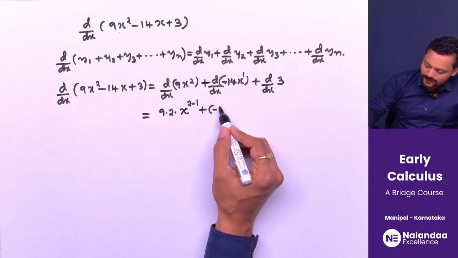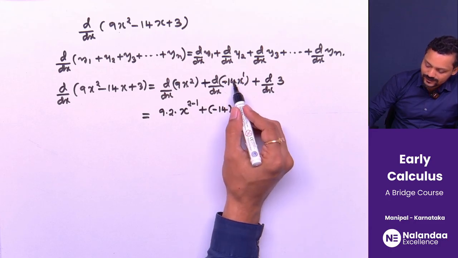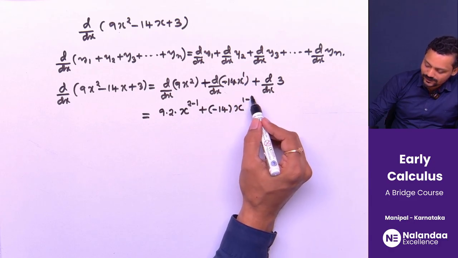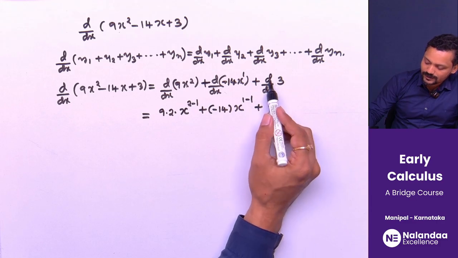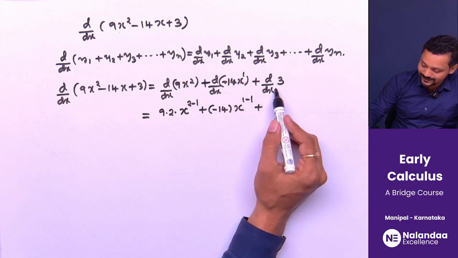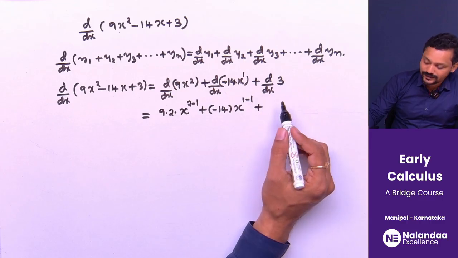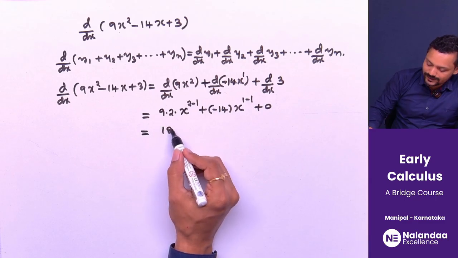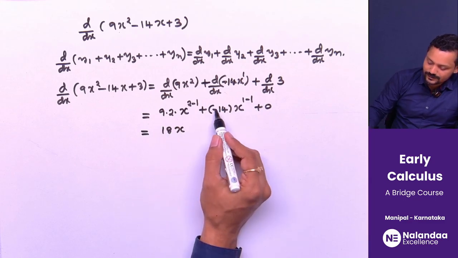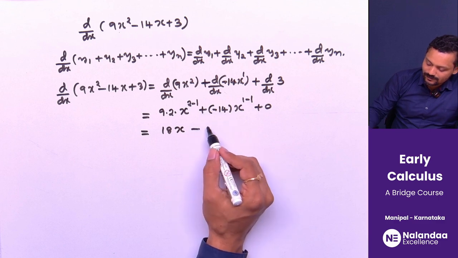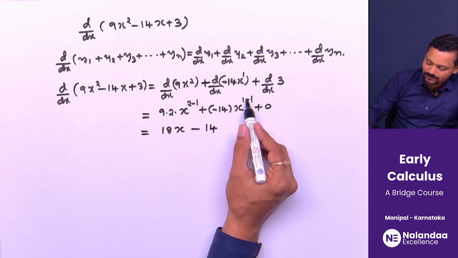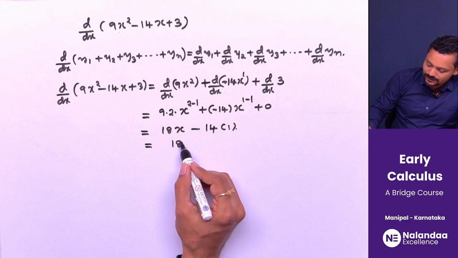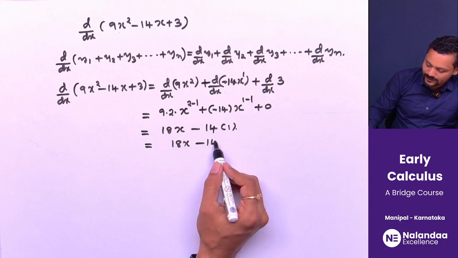So we write minus 14, that is we write a into x power, we reduce the power by 1, that is 1 minus 1, plus the derivative of 3. Now we have seen recently that the derivative of a constant is 0. So we get 0. So 9 into 2 is 18, so we will get 18x, then minus 14 into x power 0, which is 1. So the answer to this question will be 18x minus 14.